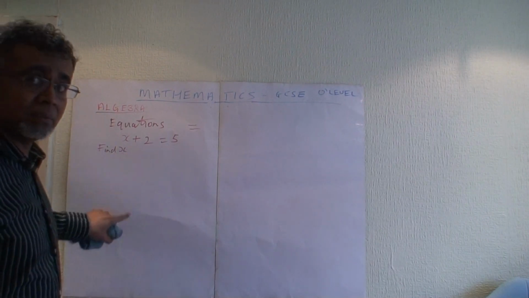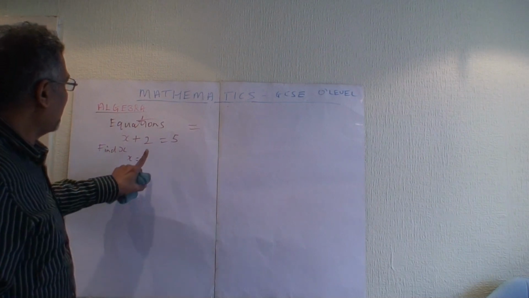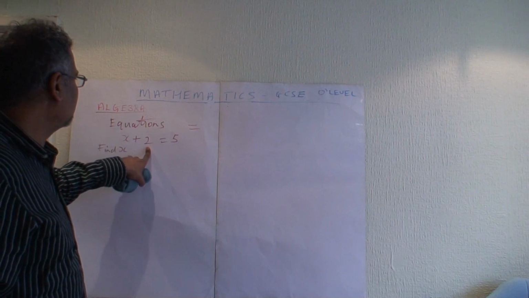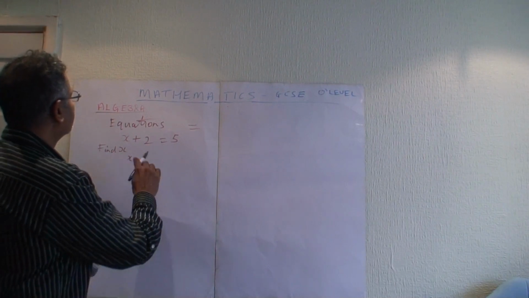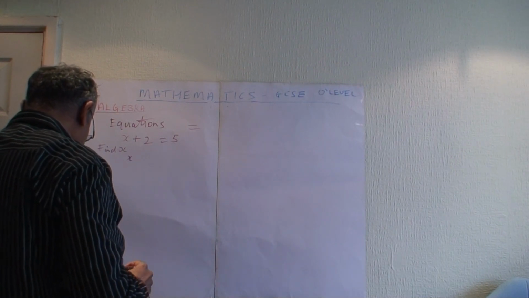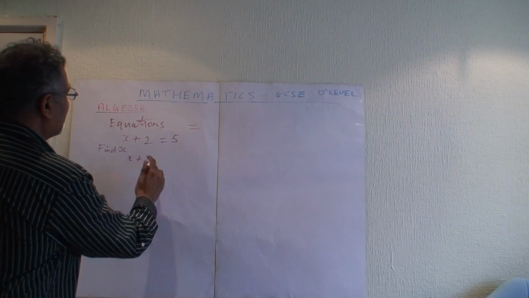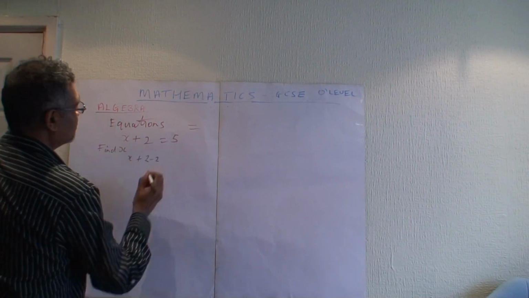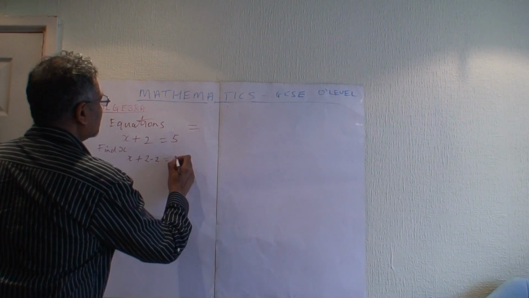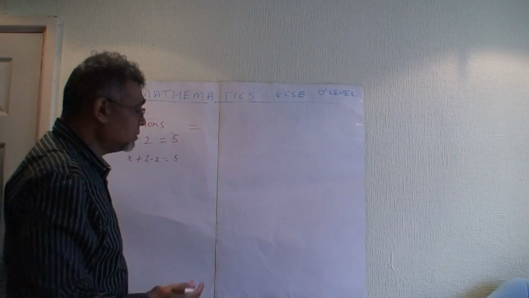So to find x, we need to minus this 2 out of here. So this is x plus 2 minus 2, notice the minus 2, and that is equal to 5, but we also have the minus 2 on that side of the equation.